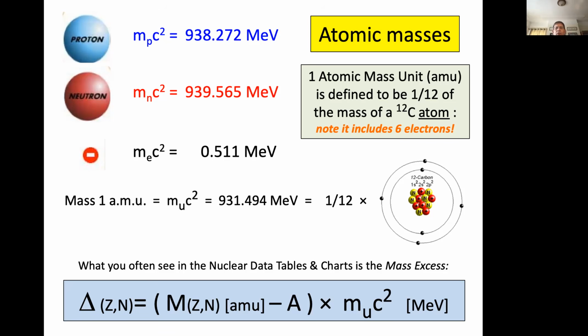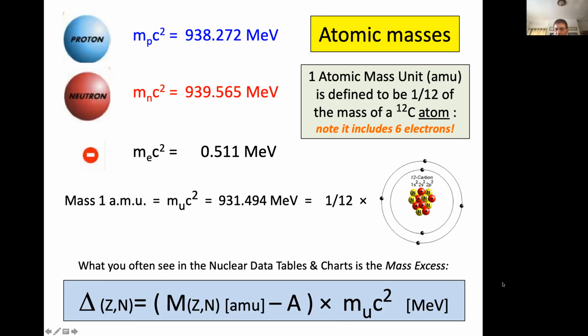Now, this is a mysterious thing: why is it that if I take 6 protons and 6 neutrons and put them together, I get something which weighs less?